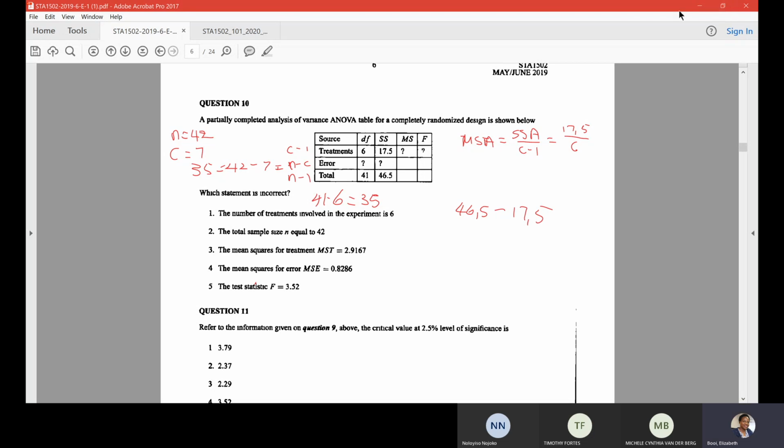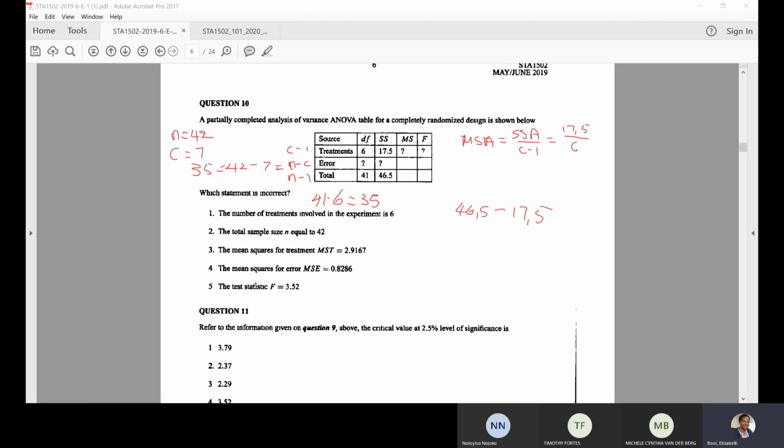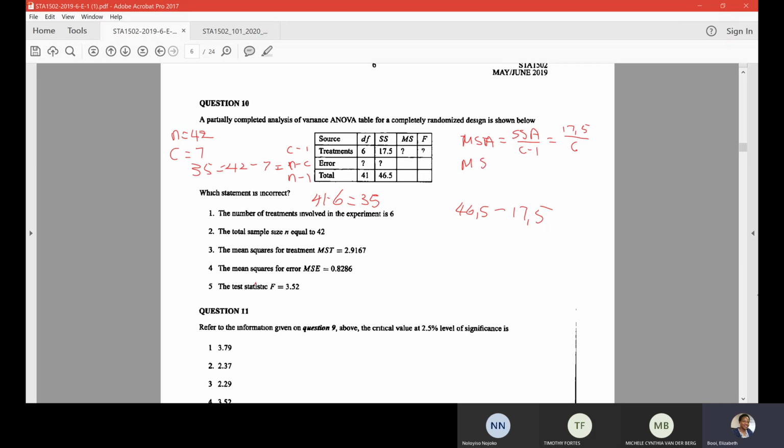For your F statistic, you also need to calculate the MSE, or MSW in this instance, as we can call them. The MSW, which is the error, we calculate by using SSW divided by N minus C. What did we get? 46.5 minus 17.5 equals 29.